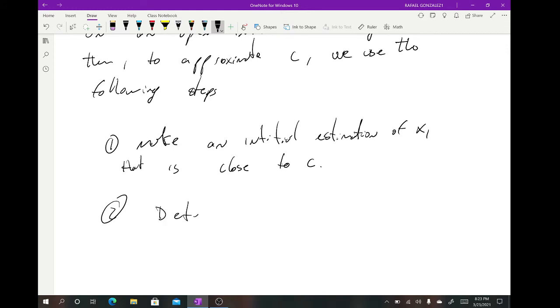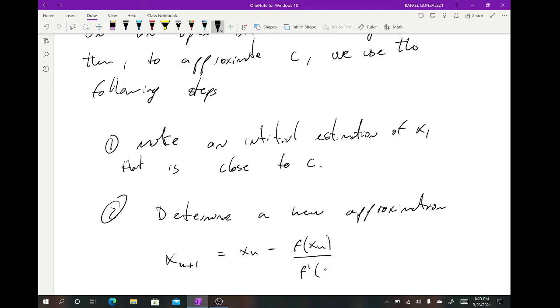Then two, we will determine a new approximation by following this rule: x sub n plus 1 is equal to x sub n minus f of x sub n divided by the derivative evaluated at x sub n.